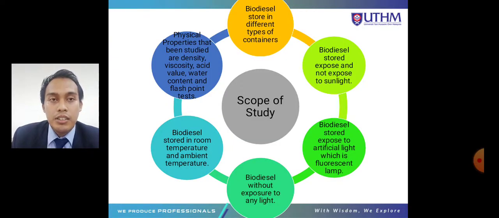The scope of this study consists of biodiesel stored in different types of containers, biodiesel stored exposed and not exposed to sunlight, biodiesel stored exposed to artificial light, which is fluorescent light, biodiesel without exposure to any light, and biodiesel stored at room temperature and ambient temperature. The only physical properties concerned are the density, viscosity, acid value, water content and flash point tests.